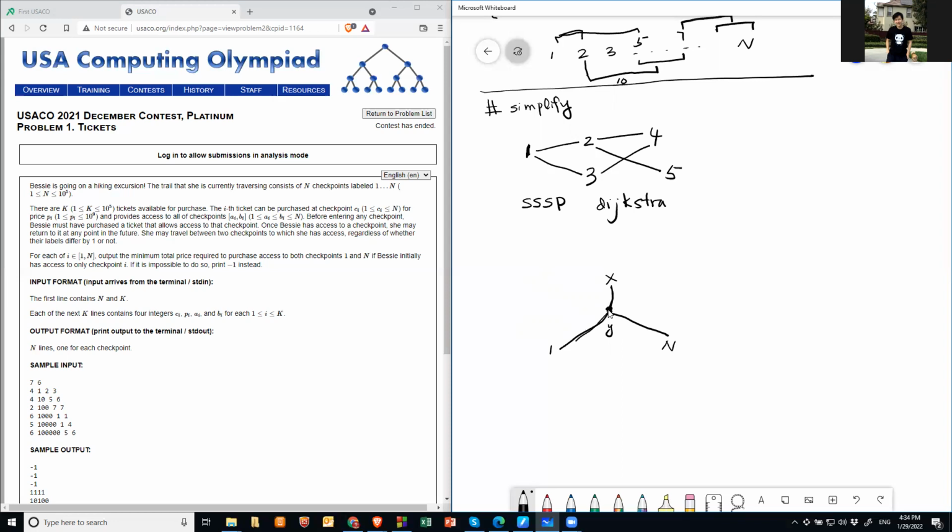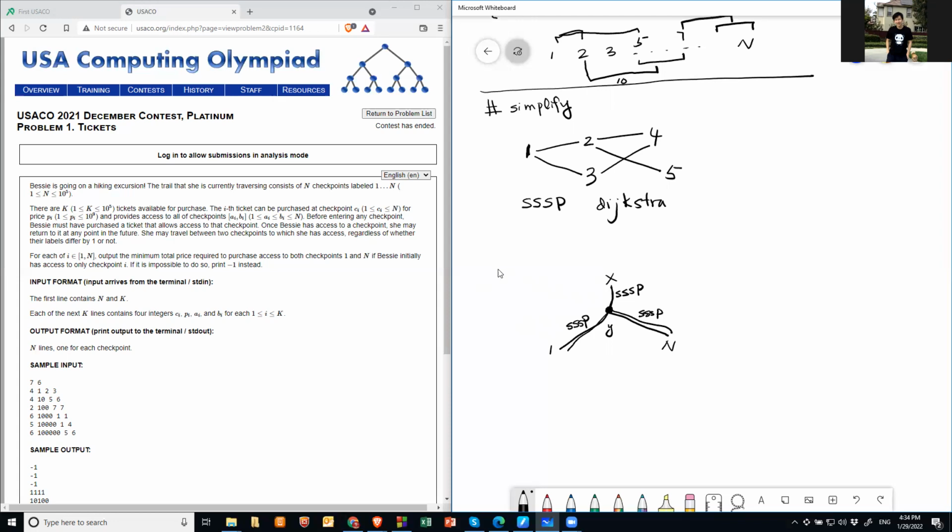Then from Y, we split, and we go to 1 and go to N. So obviously from Y to N, it is the shortest distance. From Y to 1 is, of course, also the shortest distance. From X to Y, of course, is also the shortest distance. The only question is, how do I find Y?